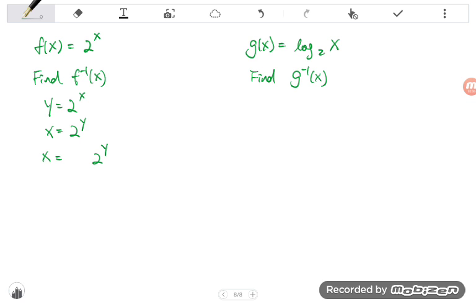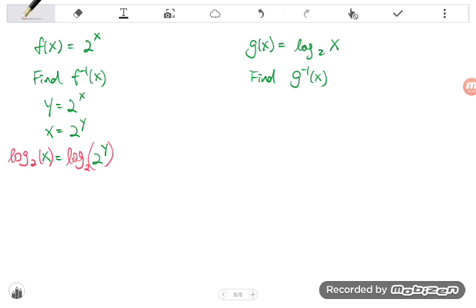I'm going to take log to the base of 2 of 2 to the power of y, the whole thing, and I'm going to do the same thing to the left hand side.